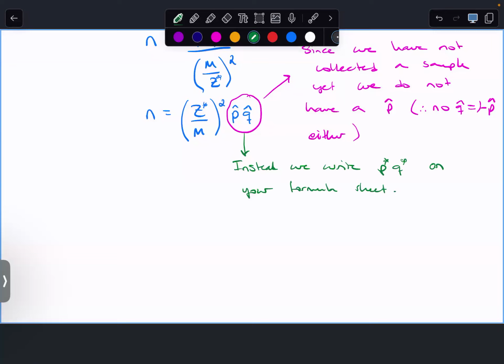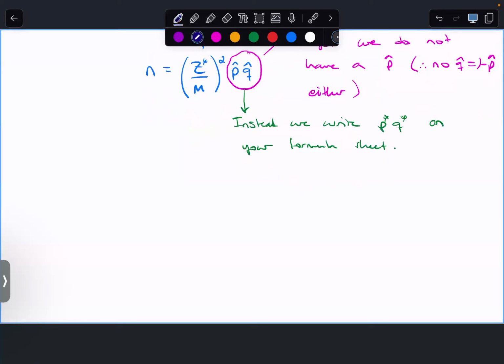The tricky part is we're going to have two options for p star. Okay. And so here on your formula sheet, I should confirm, I guess. Phew. I did my math right. Z star over m squared times p star q star. That's on your formula sheet.